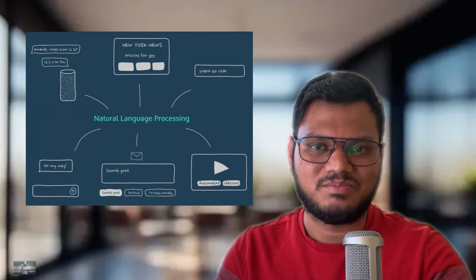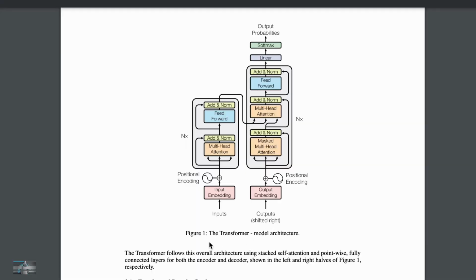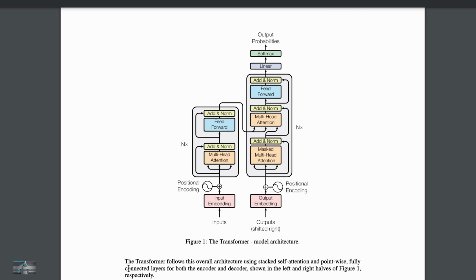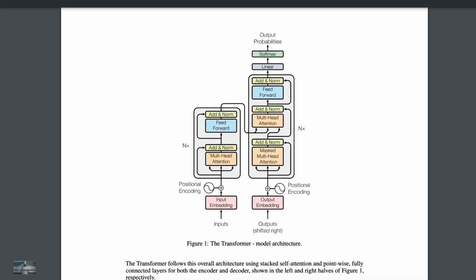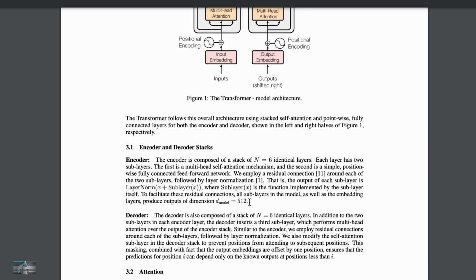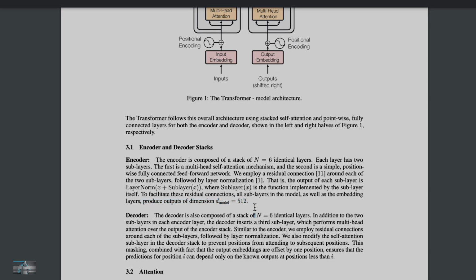This paper revolutionized the way that we handle NLP. The one you are seeing right now is called the transformer architecture. We cannot imagine ChatGPT without this groundbreaking concept. It was introduced in the year 2017 by the Google research team, and to date it remains one of the most cited papers in the AI community.